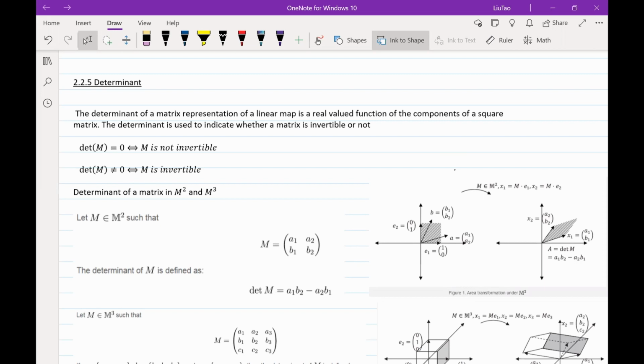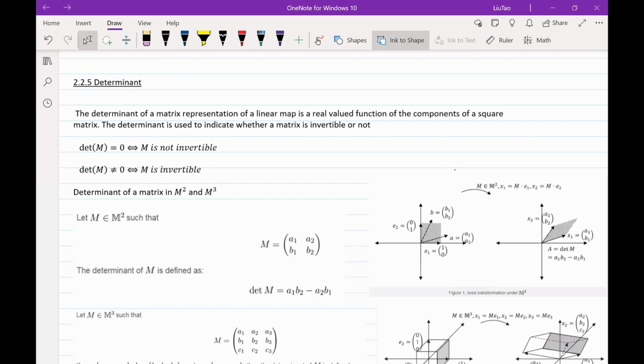We can use the determinant of a matrix to find out if it is invertible. So if the determinant of the matrix is equal to 0, then the linear map is not invertible.